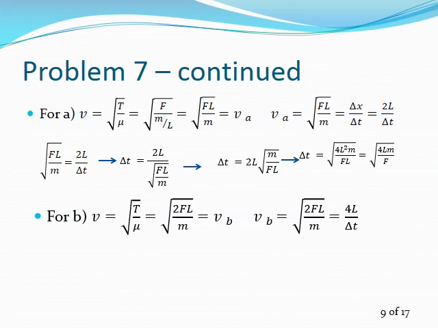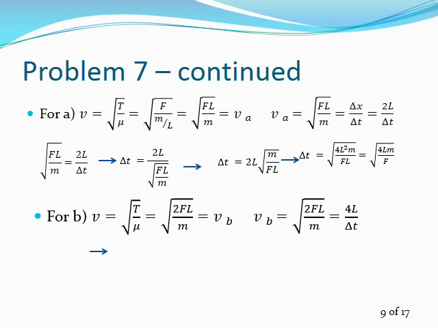So I do the same thing for B, except for B I have different parameters to deal with. Not my force, my length is twice as large as in A. The force and mass are the same, so that leaves the distance I travel as 4L in this case compared to the first problem.